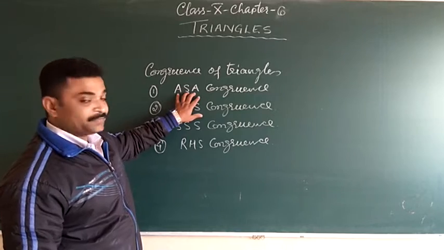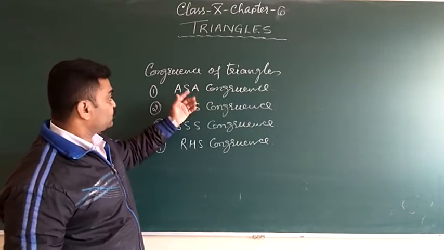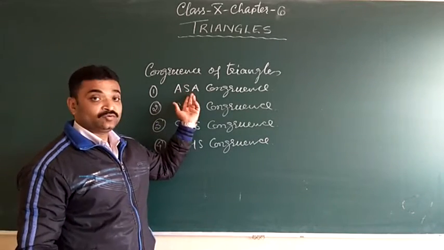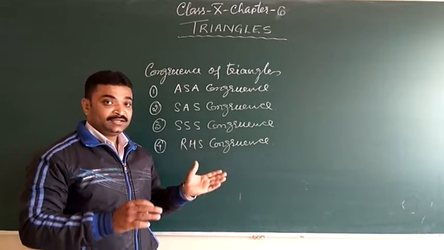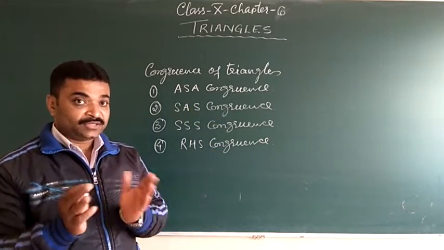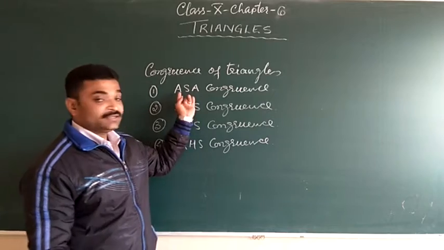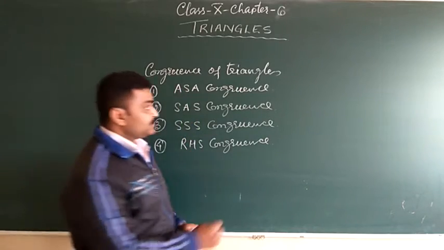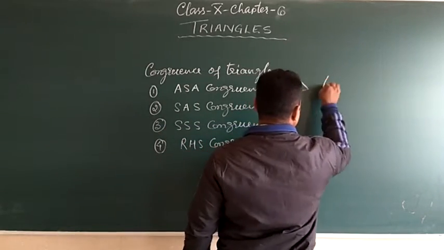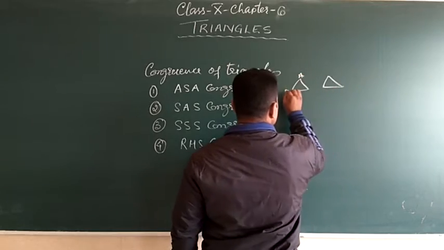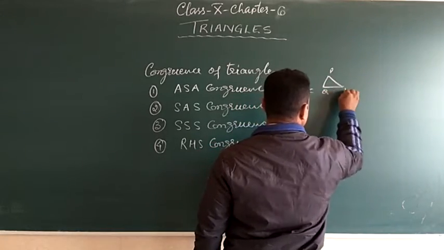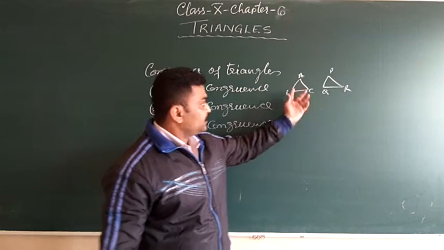In ASA, that means in two triangles, if two angles and the included side are equal, corresponding parts. Suppose the triangles are ABC and PQR.